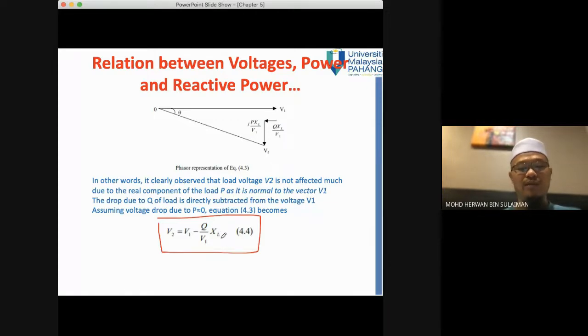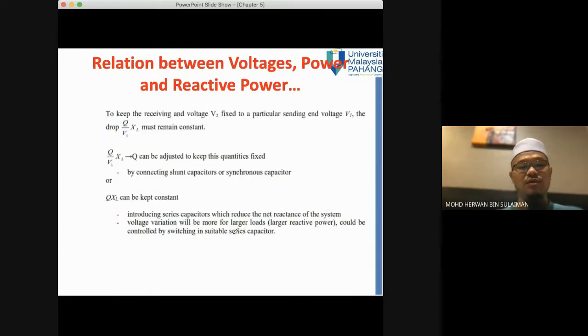XL is your line impedance. Okay. So to keep the receiving end voltage V2 fixed for the particular sending end voltage V1, the QXL must remain constant.